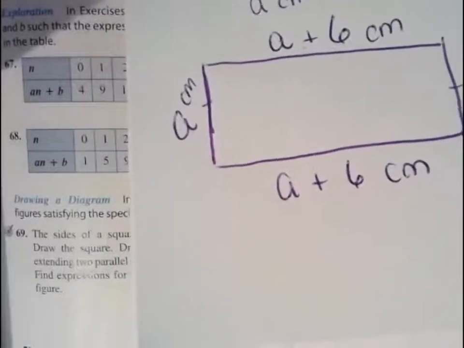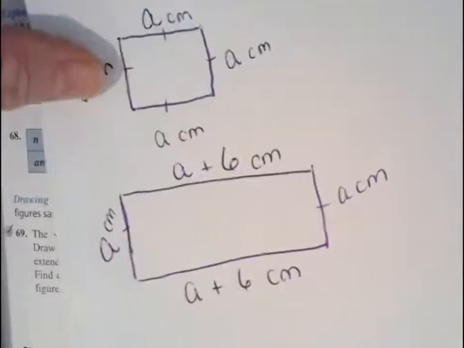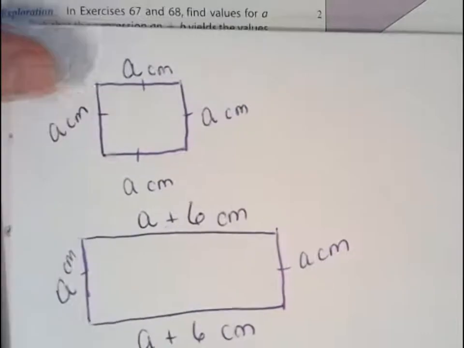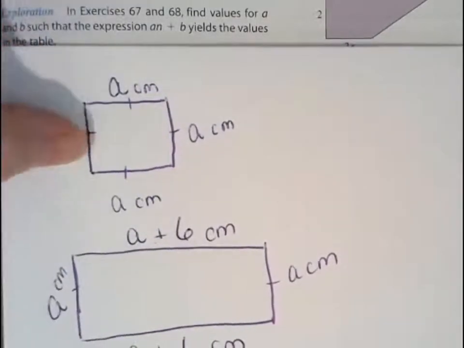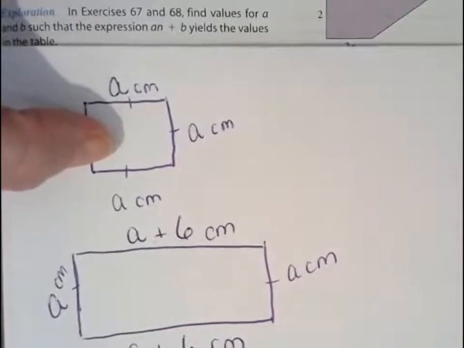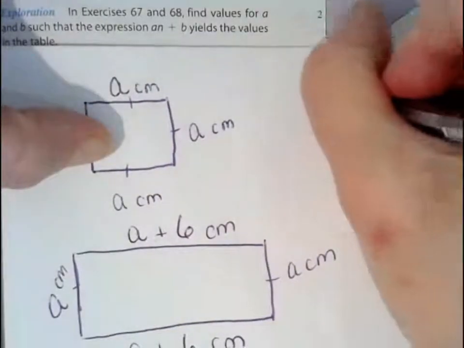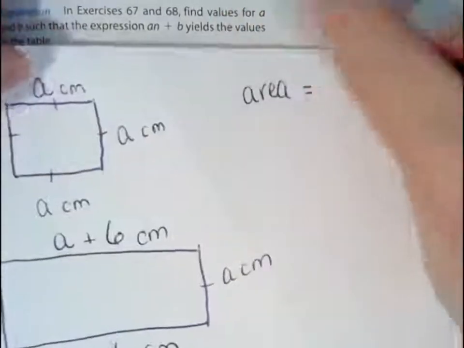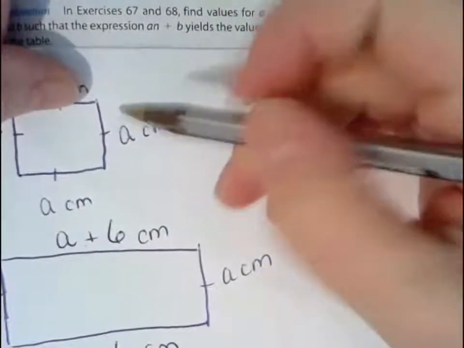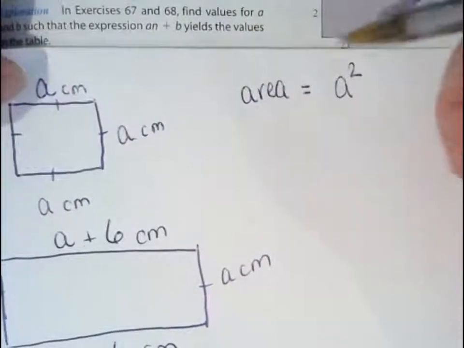Okay, so now find the expressions for the perimeter and area for each figure. Okay, so we know, because we know that area is length times width. So for our square, the area is going to be a squared, because a times a, that's the area.